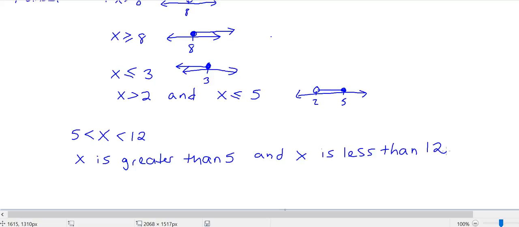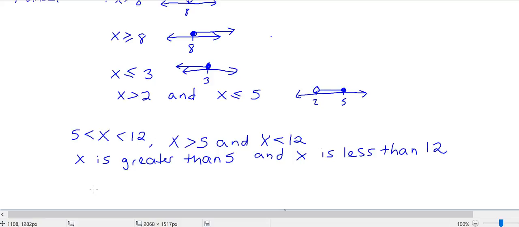We start from the middle. X is greater than 5. Then we start from the middle again. X is less than 12. Another way we could write this is x is greater than 5 and x is less than 12, but it's neater if you write it as one inequality, like the first one.